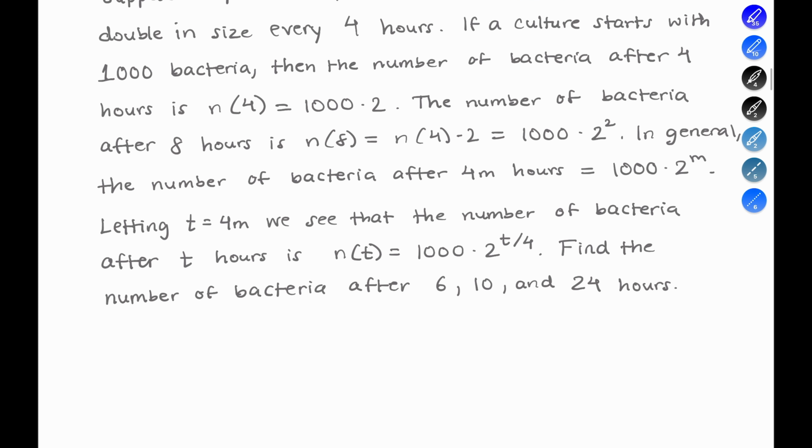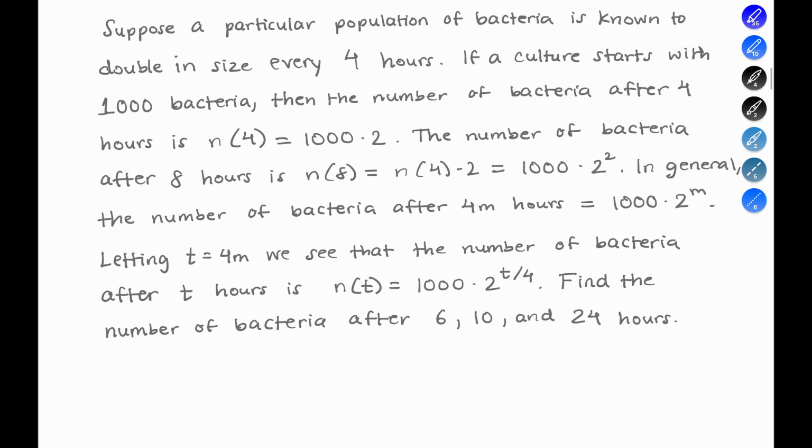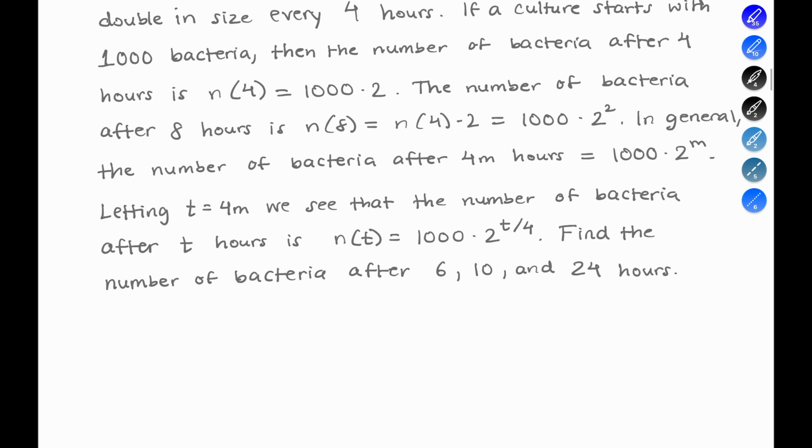So they gave us a lot of information right there, but what we had to understand was that this is the equation for the bacteria spread. This is how quickly it spreads. And we need to calculate the number of bacteria after 6, 10, and 24 hours. So we just have to find n of 6, n of 10, and n of 24. So let's do that right now.